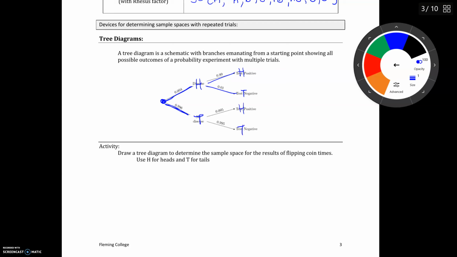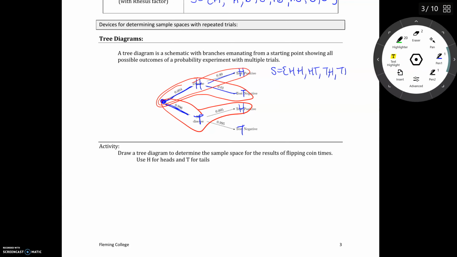If I read down through the chart, then my sample space is head, head, head, tail, tail, head, or tail, tail, which is the fourth branch that we could travel down.